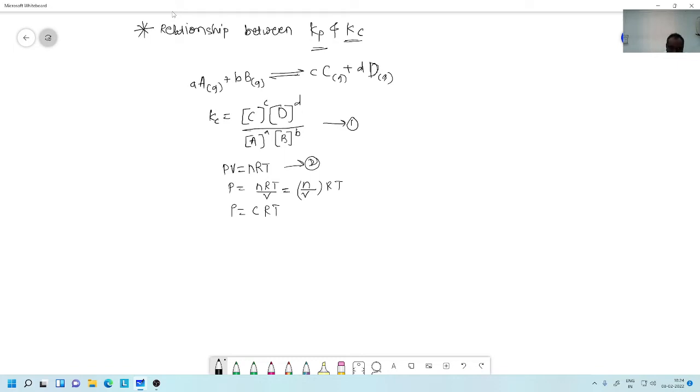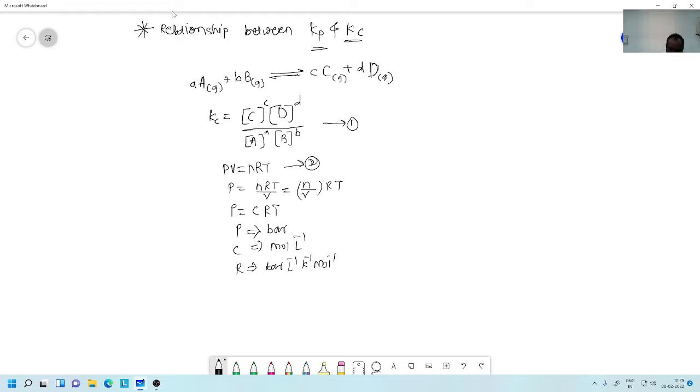In P equals CRT, P is expressed in bar. Unit of P is bar. Unit of C, concentration, as I told you, is mole per liter. R is the molar gas constant, whose value is in bar liter per Kelvin per mole.